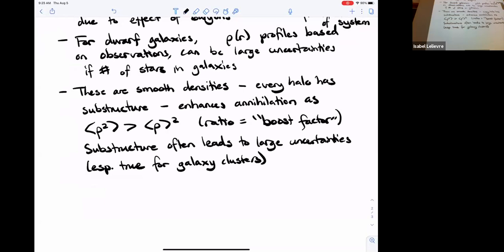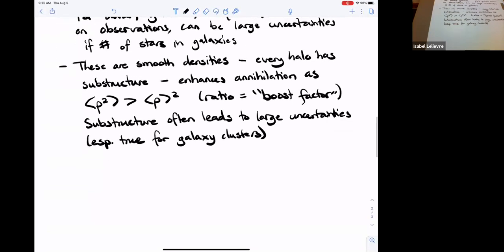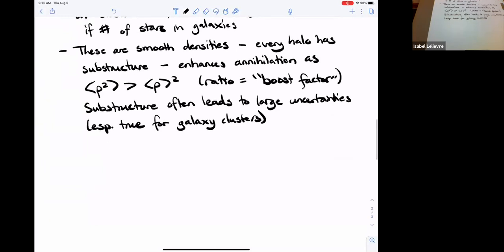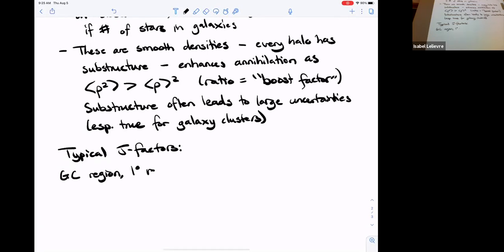So all that said, if we just look at the smooth halo and ignore substructure, and I ask what are the typical J factors I would get associated with these profiles: if we look at the galactic center region with a 1 degree radius around the GC, and let's assume an NFW profile, if you plug in the numbers, you'll get a J factor of about 10 to the 22 GeV squared centimeters to the minus 5.